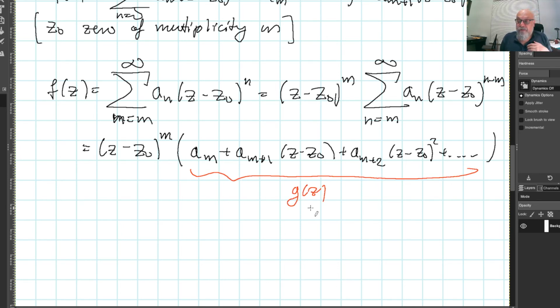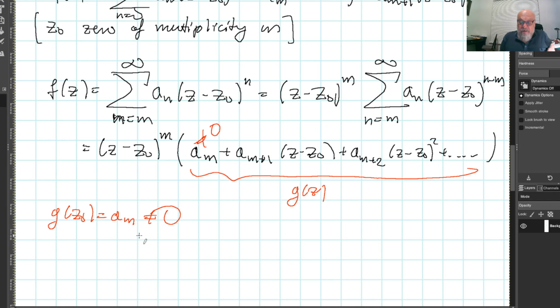That's a power series, and that one is not equal to 0. So that means we are getting that g at z0 is equal to a_m, and that one is not equal to 0, because z0 was a zero of multiplicity m, so that one is not 0.